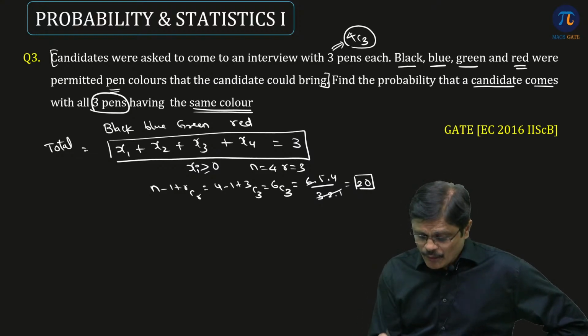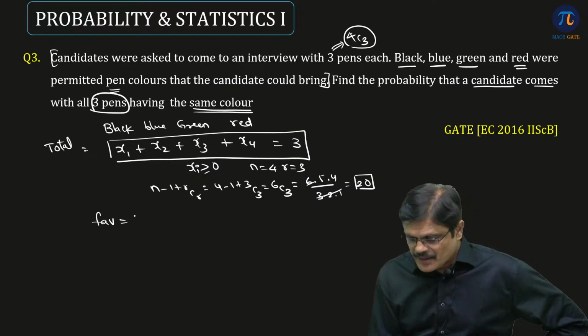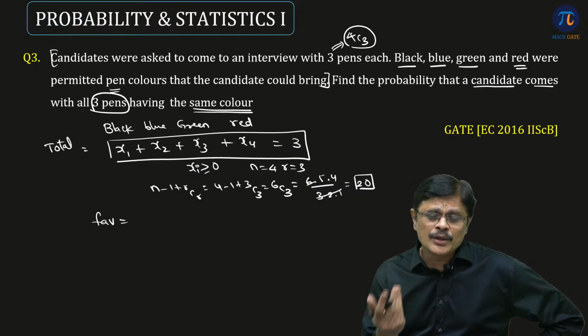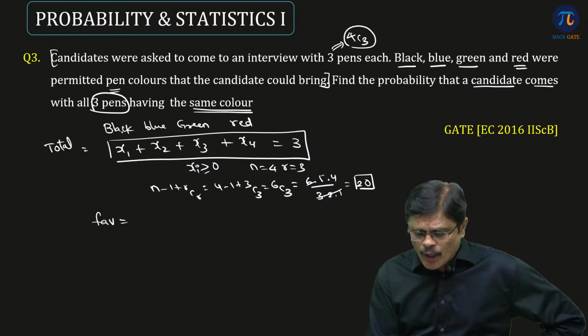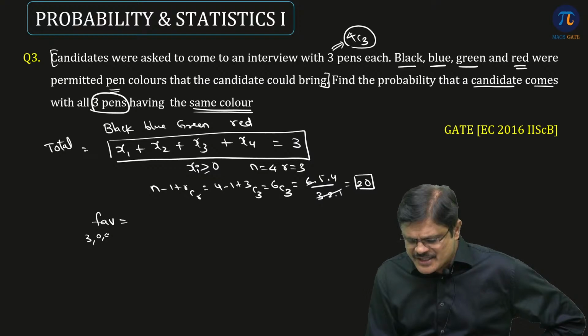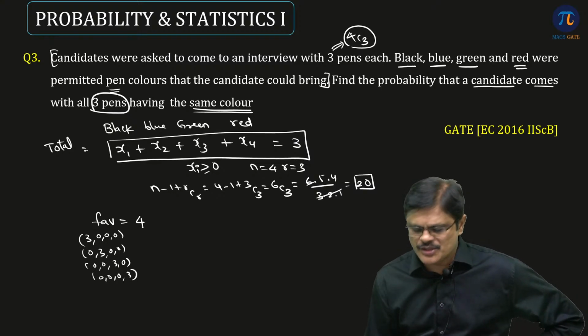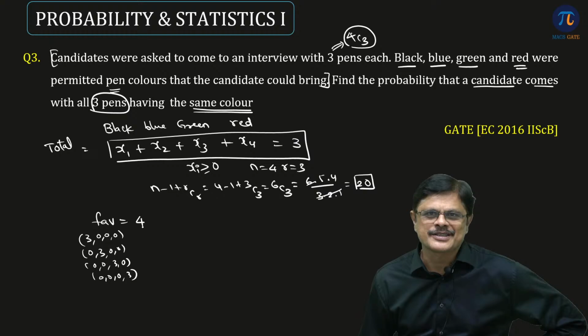Super. Now what is the favorable situation? You want all 3 pens to have the same color. You may have all 3 black pens and the remaining 0, or 3 blue pens and the remaining 0, or 3 green pens and the remaining 0, or 3 red pens and the remaining all 0. So there are 4 favorable situations.